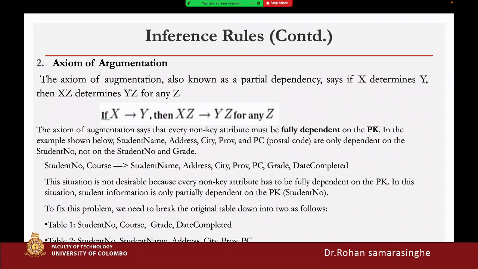In the student table, from the student number you can get the student name, address, telephone number, faculty, every piece of information. In the example shown below, student name, address, city, province, and postal code are only dependent on the student number, not on the student number and grade.